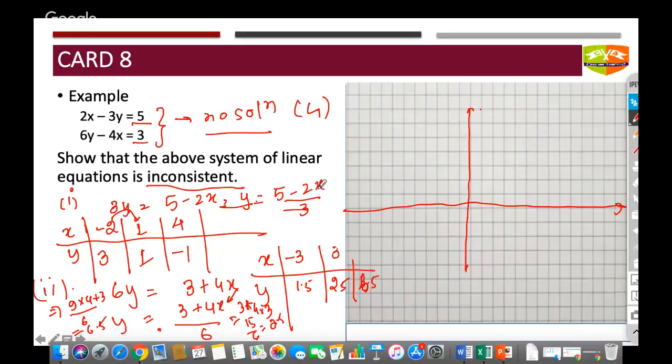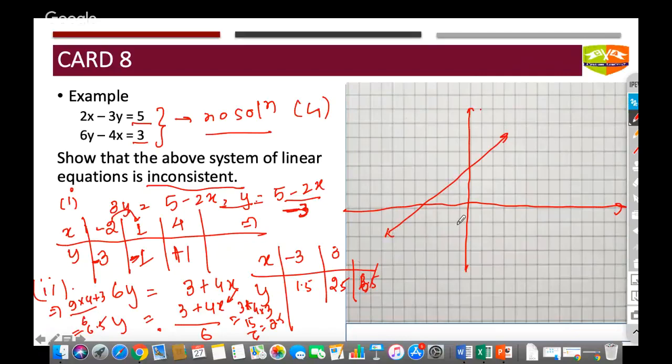At x is equal to minus 2, this is actually a negative sign here, so these values will change. At x is equal to minus 3, this becomes 3; at x is equal to 1, this becomes minus 1; and at x is equal to 3, this becomes 4. So the line would be something like this.